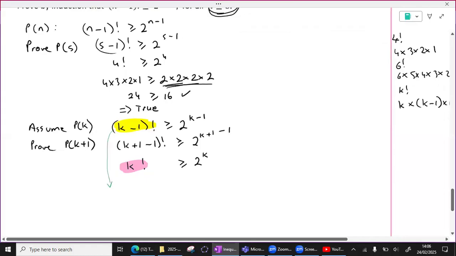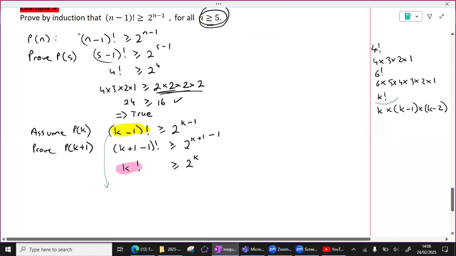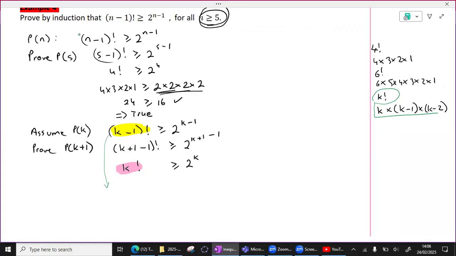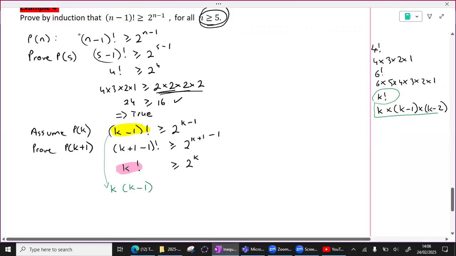If you look back on what we discussed a moment ago, k factorial is really k times k minus 1 times k minus 2 times k minus 3, etc. So if I multiply by k, in other words, just put k in front of this, and of course, whatever I do on the left, I have to do on the right. So I also have to multiply this by k.